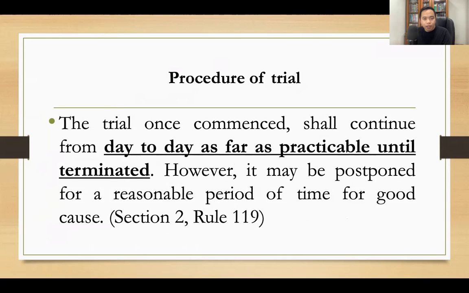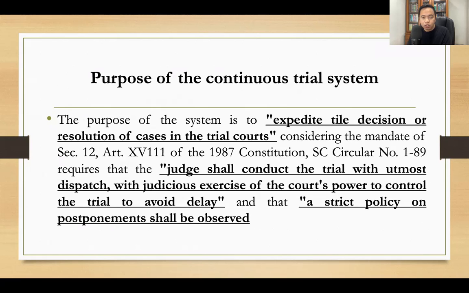Now, let us know the procedure of trial. The trial, once commenced, shall continue from day to day as far as practicable until terminated. However, it may be postponed for a reasonable period of time for good cause.